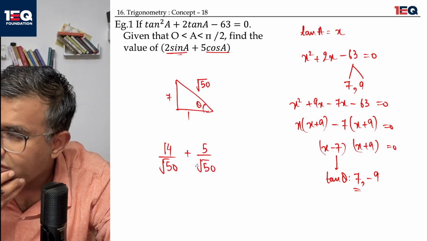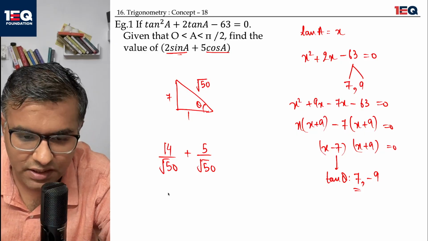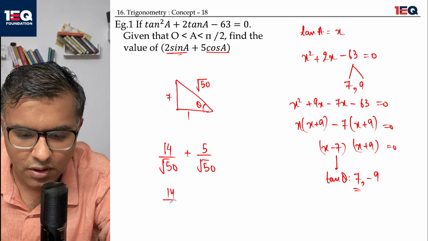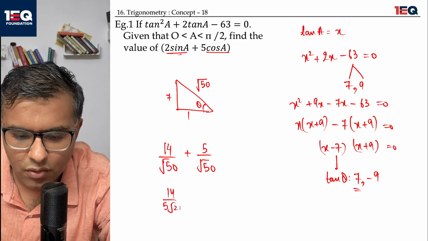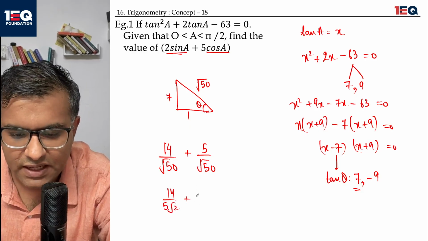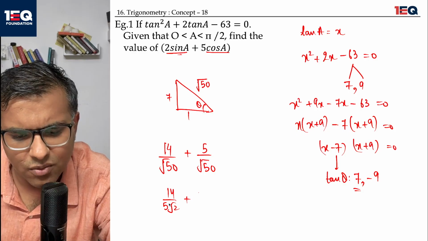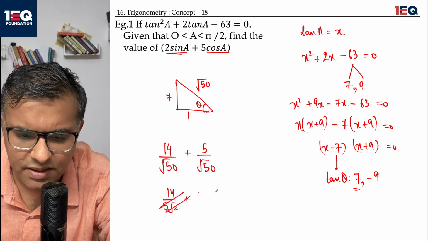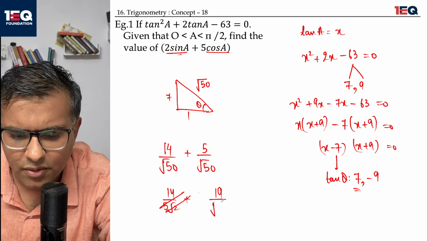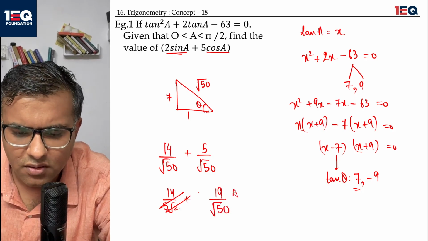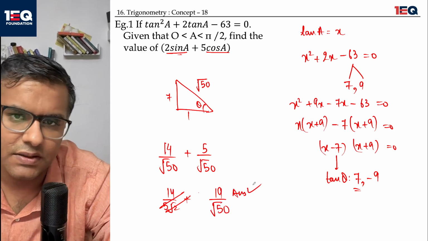Should I bring the root 50 into consideration? No, why are we messing things up? Let it be 19 upon root 50. This is my final and easy answer.